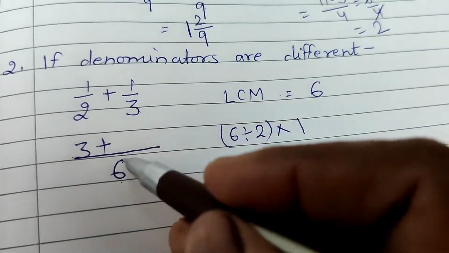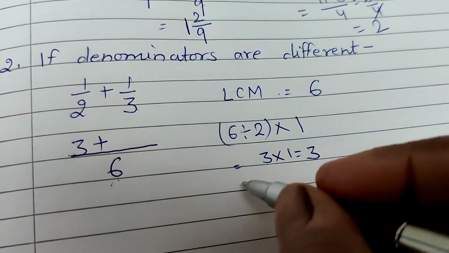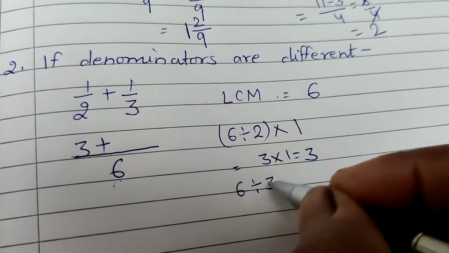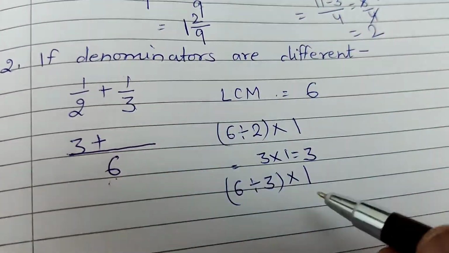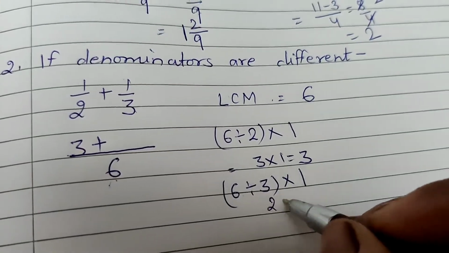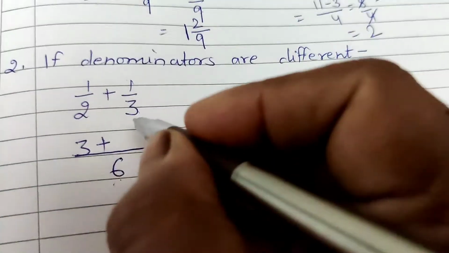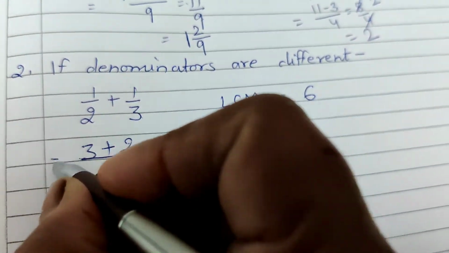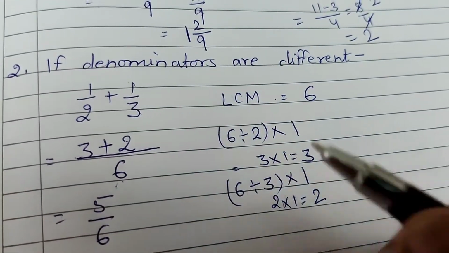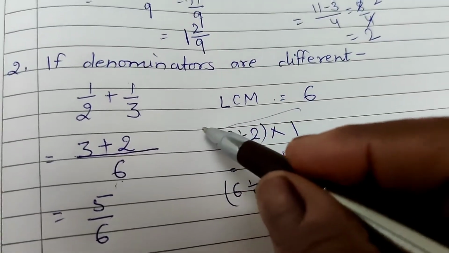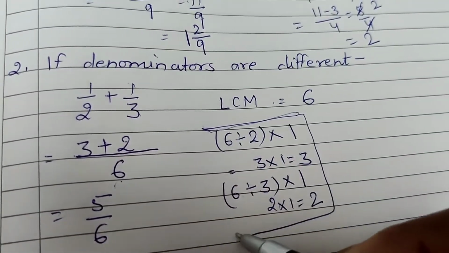Same, 6 divided by 3 and multiply in the numerator. The numerator is 1. 3 twos are 6, 2 into 1, 2. Right here 2. The answer of this is 5 by 6. This work can be done verbally.